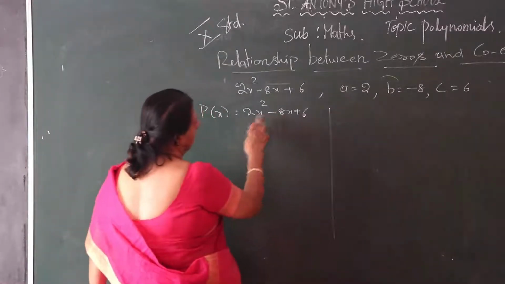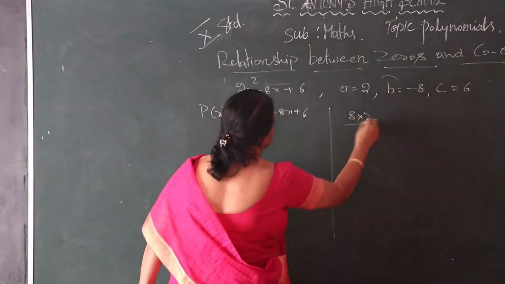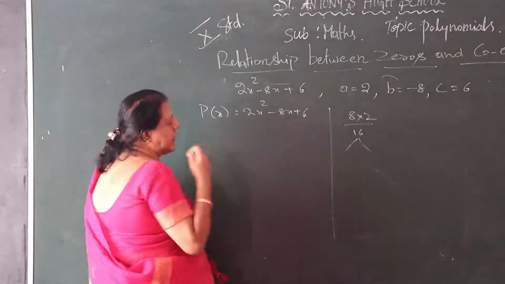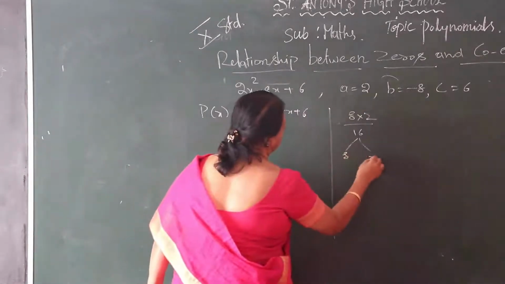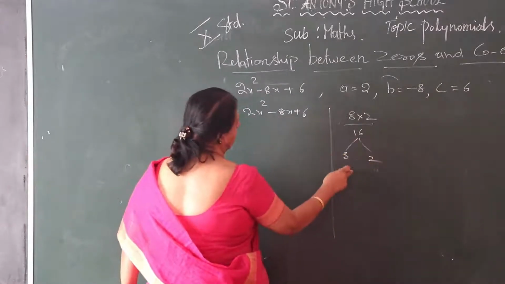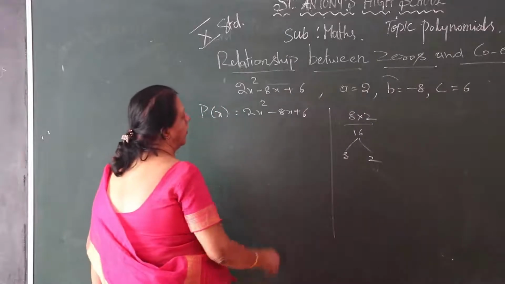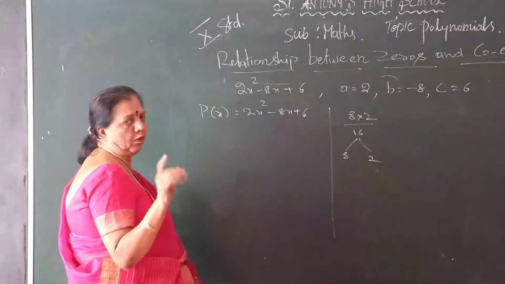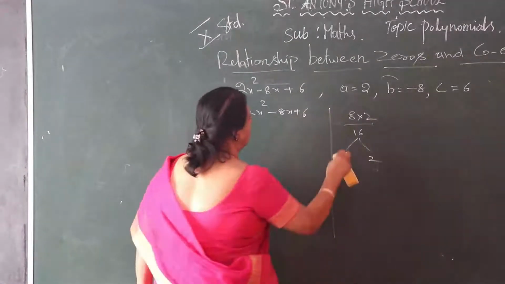This is the middle term. So 6 into 2, what is that? 12. Find the middle term. Minus 8 is there. We need two numbers whose product is 12 and whose sum is 8. Taking 8 and 2 does not work, since the product is 16, so you don't take this one now.